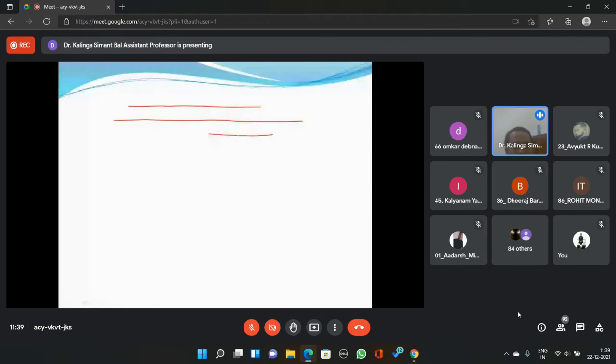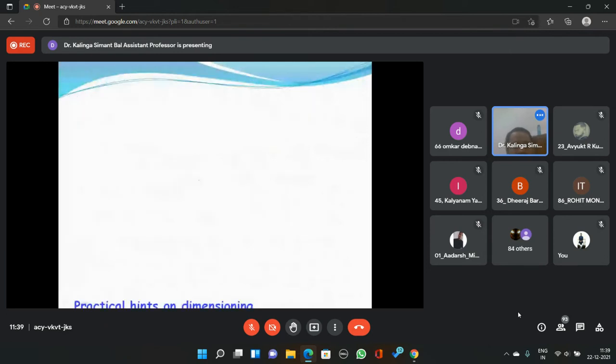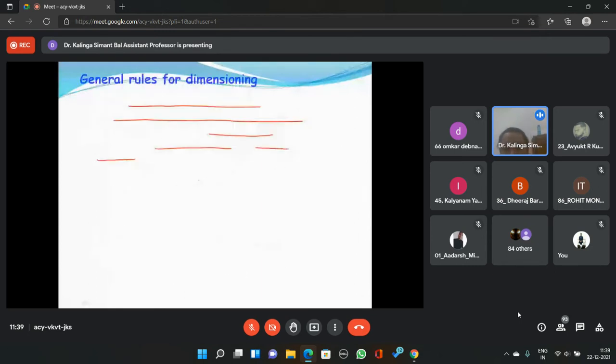If you go to the second one, each dimension should be given, but none should be given more than once. It is not required to show the dimension more than once. For example, if this is the square and this is 50 mm with extension line present, and this is 100 mm with extension line present, we did not need to represent this one because by default we know this is 50 mm.